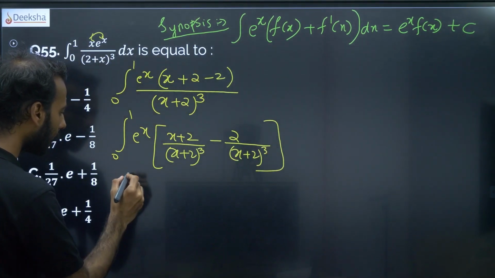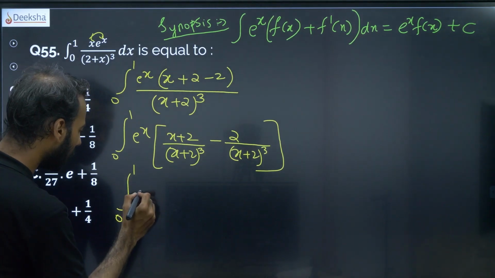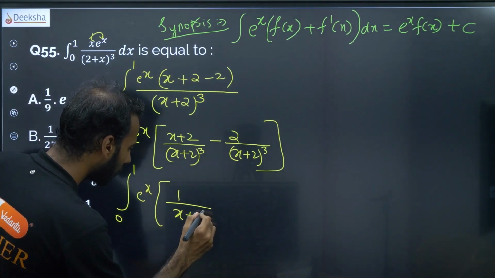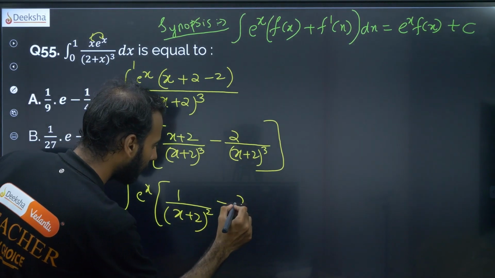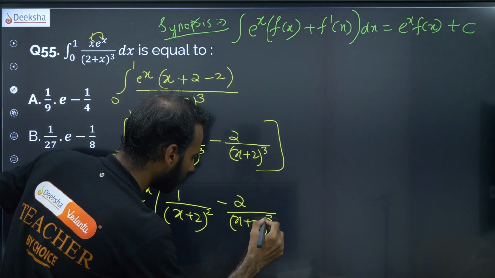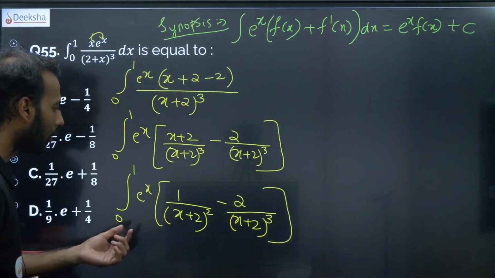So this becomes 0 to 1 e raised to x, 1 by x plus 2 square minus 2 by x plus 2 cube.